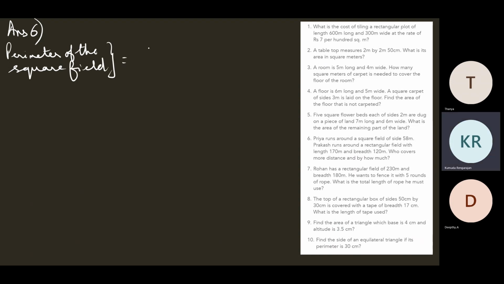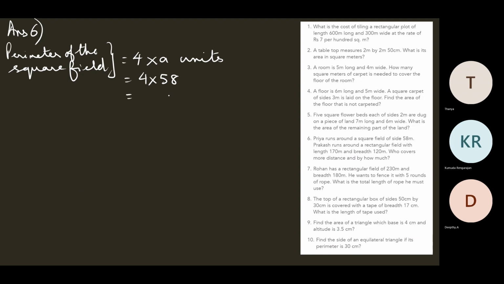Perimeter of the square field is equal to 4 into A, 4 into side, or 4A, whatever you write. Perimeter is always expressed in units. So 4 into 58. Correct, children? You tell me the product. 232 meters. Correct.